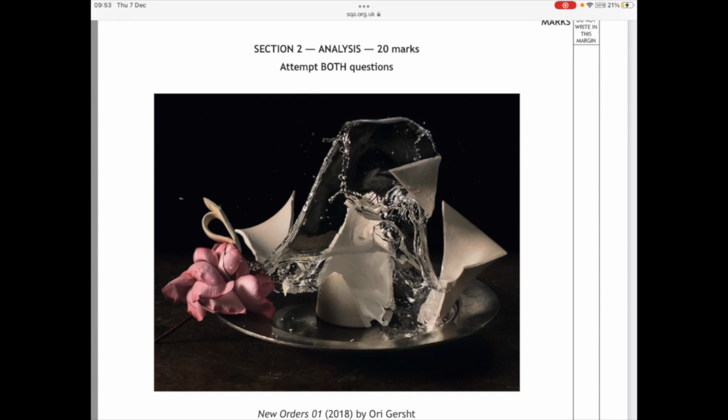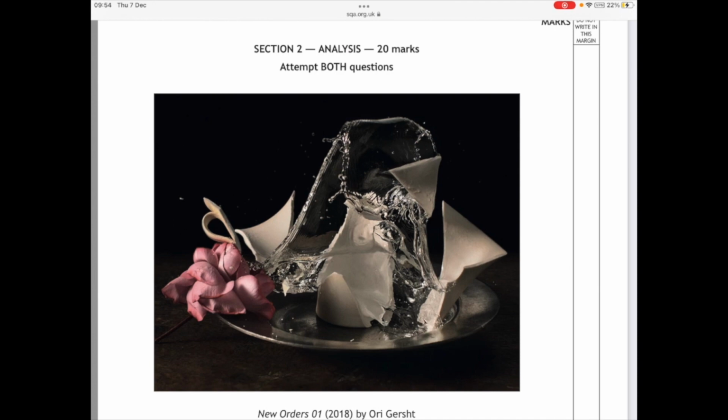Rule of thirds. I'll go over this one because that's something that candidates often struggle writing about. The photographer has used rule of thirds as the flower sits on the left hand intersection, drawing the viewer's attention to the left.